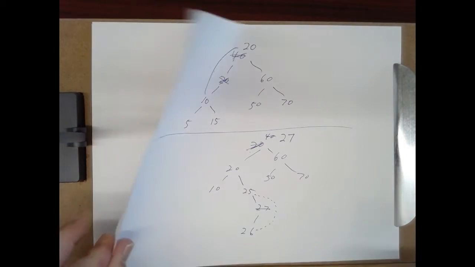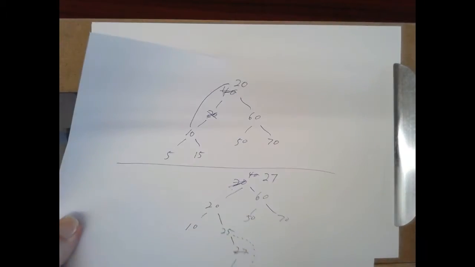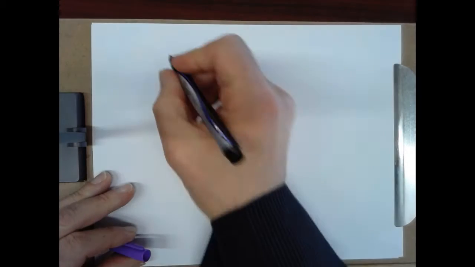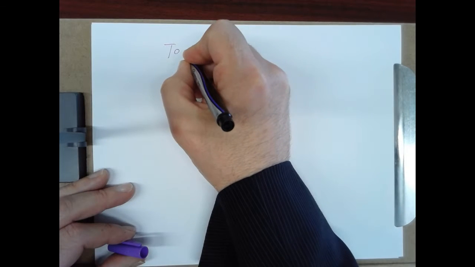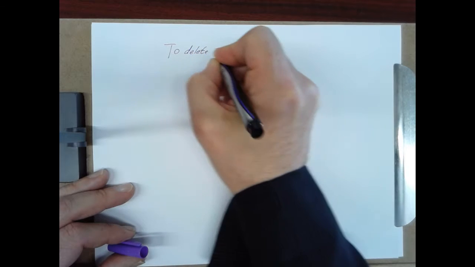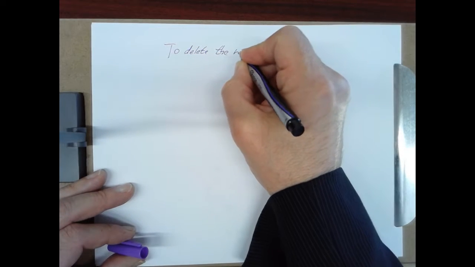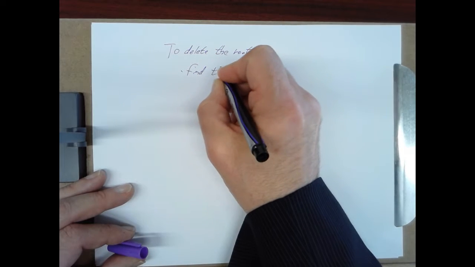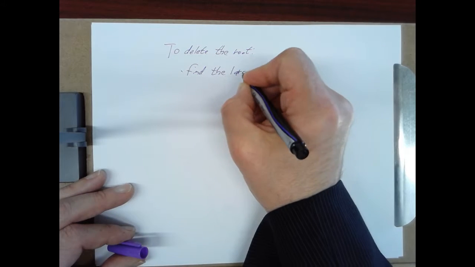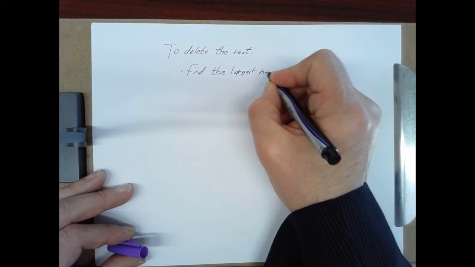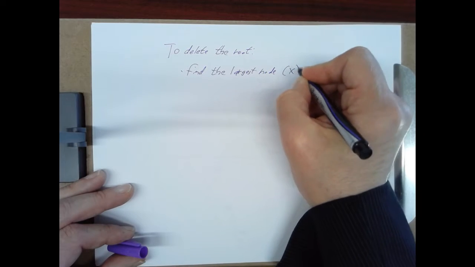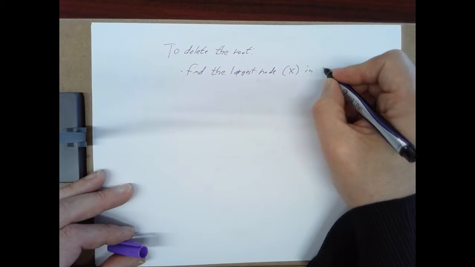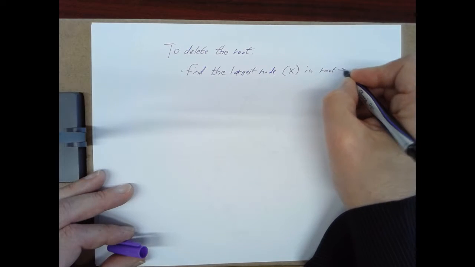So there's a few steps here. To delete the root, find the largest node, we'll call it X, in the left subtree.